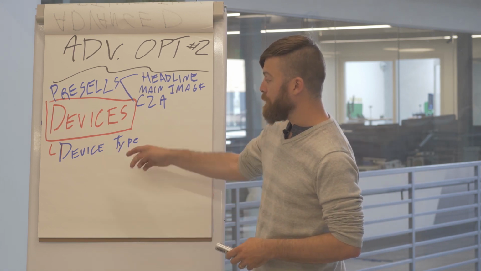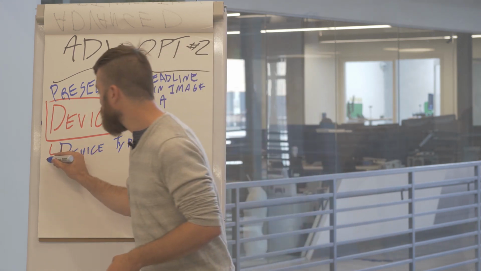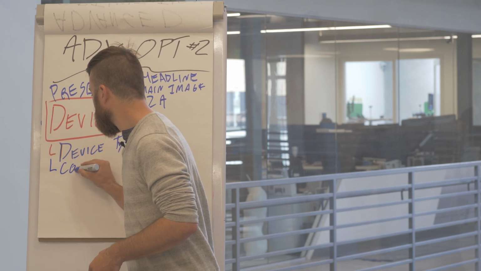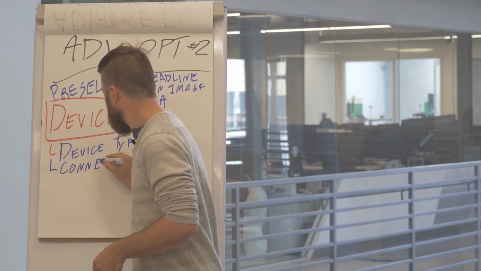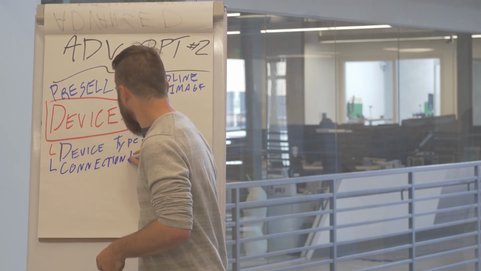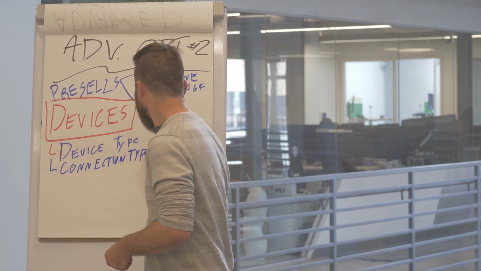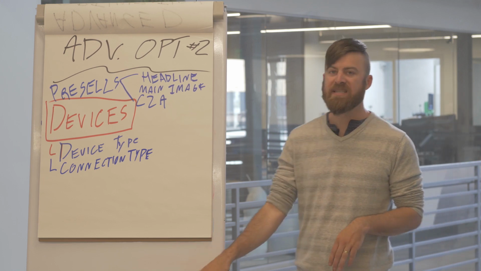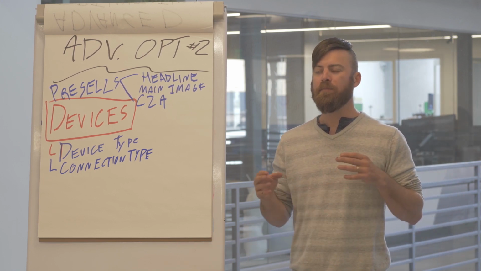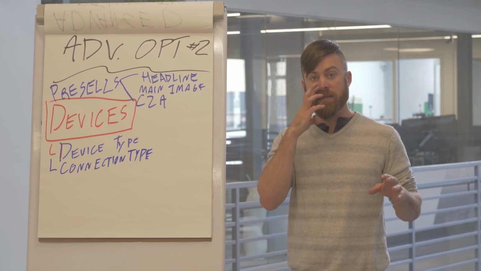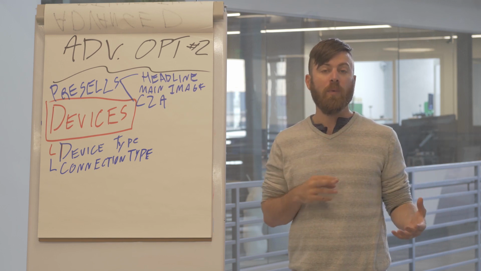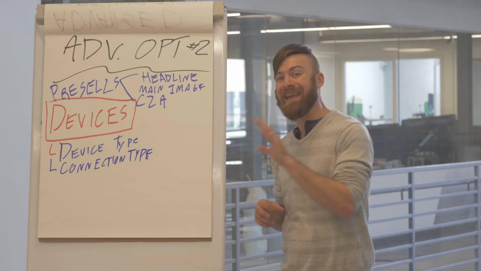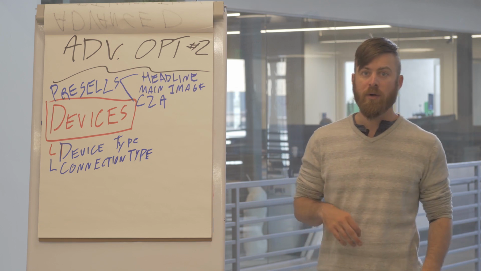In terms of the next level would be connection. Connection type is how are people connected to the internet. So basically, if they're connected on a desktop computer, are they connected through a Wi-Fi connection or are they connected through a carrier connection?